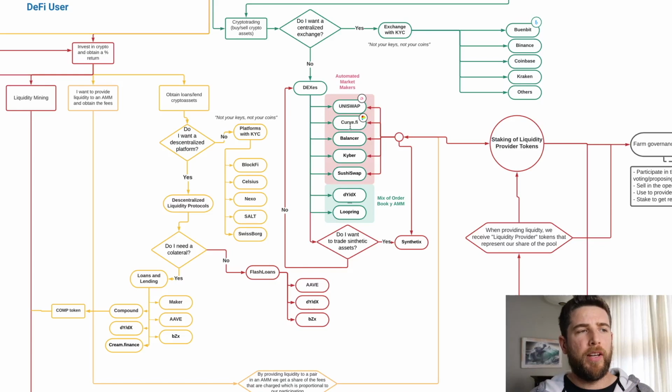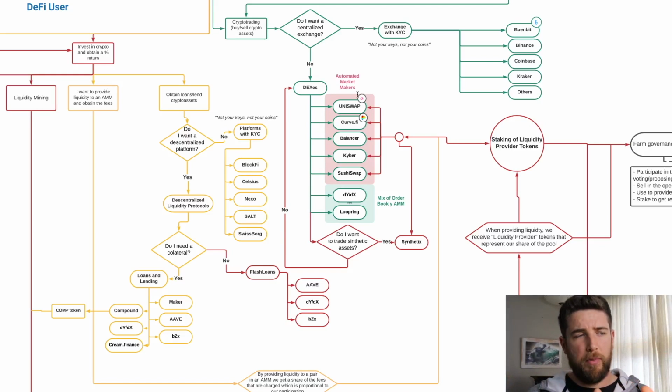We're going to get back to this and explain a little bit further, because automated market makers need liquidity to operate. So on one side, you have the people who are trading, who are making a swap. They have a coin and they want a different one, so they make a swap.